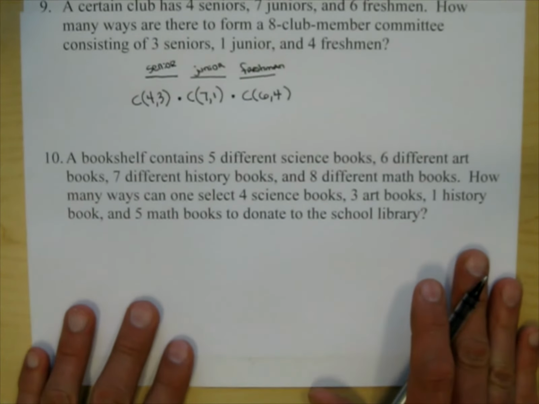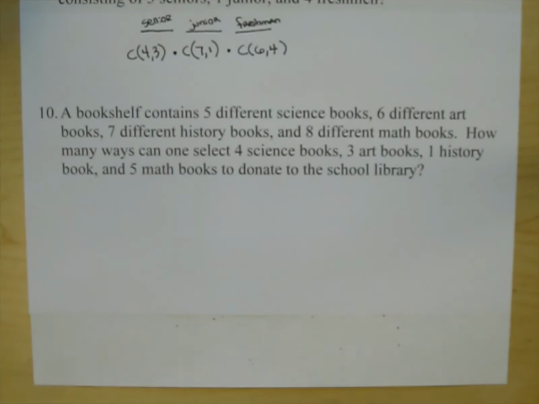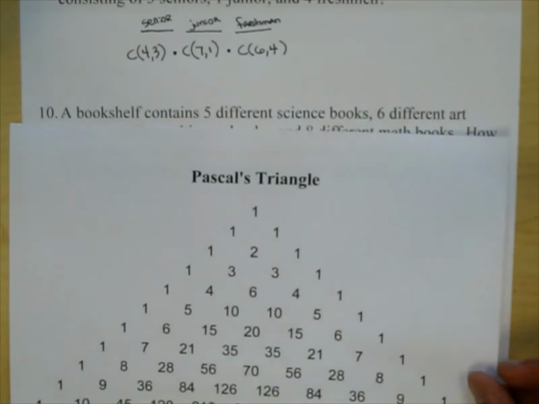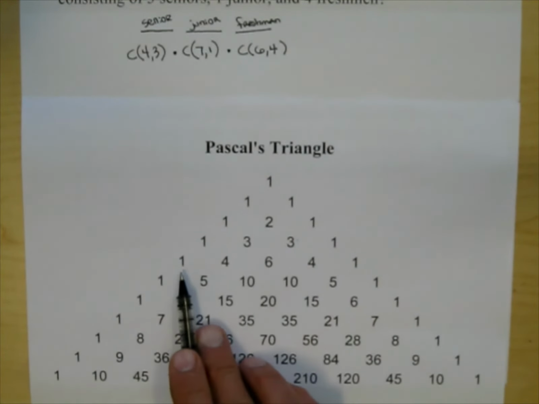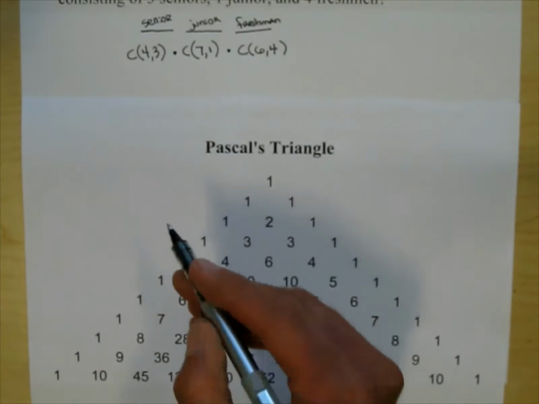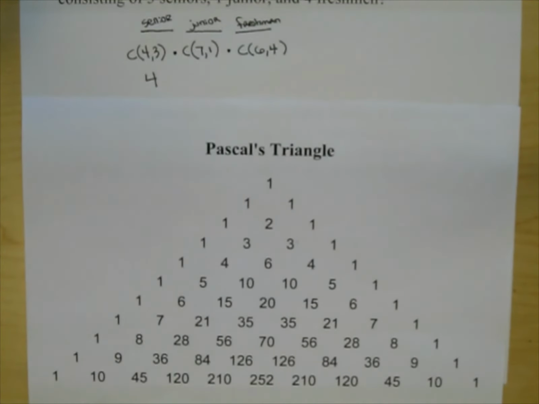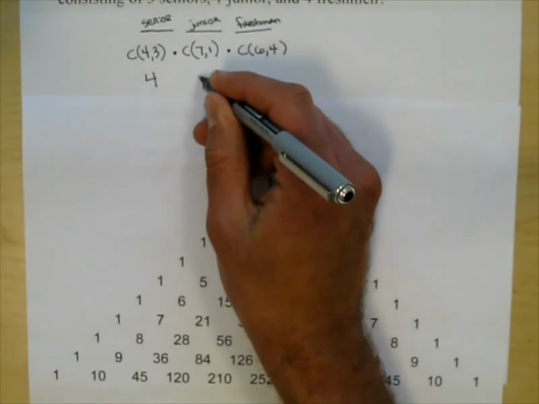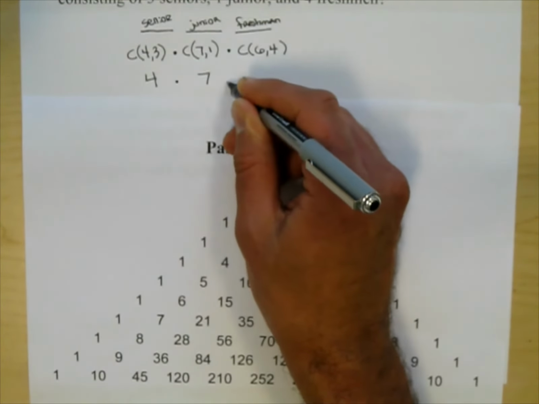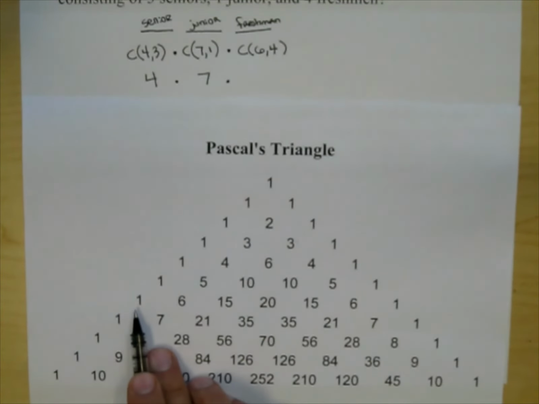And then what are we going to do with that? Well, we're going to go to Pascal's triangle. 4 choose 3, that's a 4. The next one is 7 choose 1. And the last one is 6 choose 4.